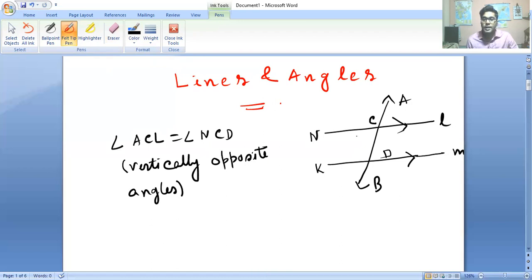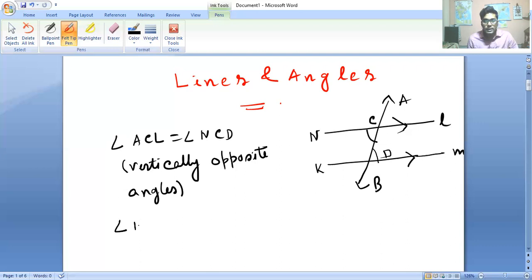Now, alternate interior angles. See, if these two lines are parallel and some kind of Z is coming, right? Then this will be called an alternate interior angle. So this angle and this angle are alternate interior angles. Okay.